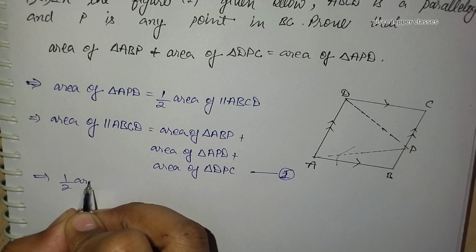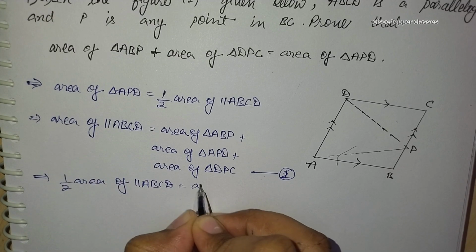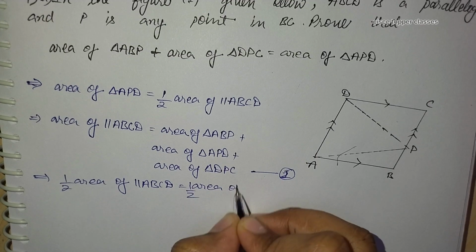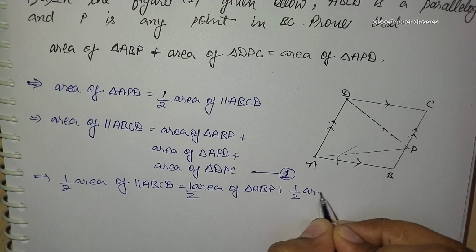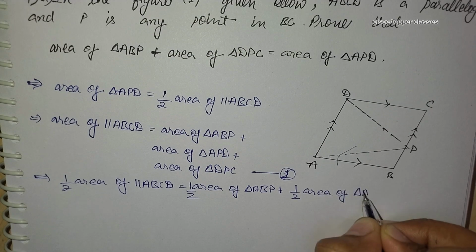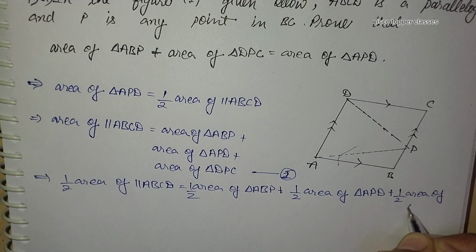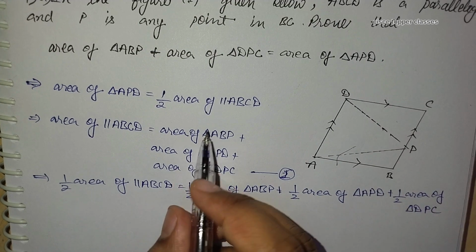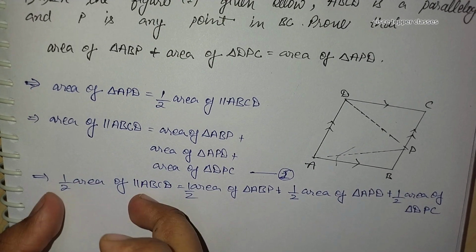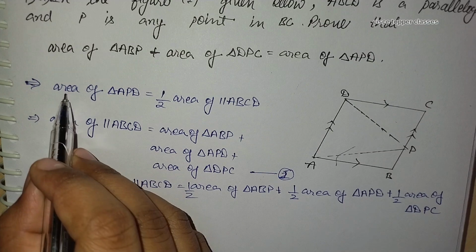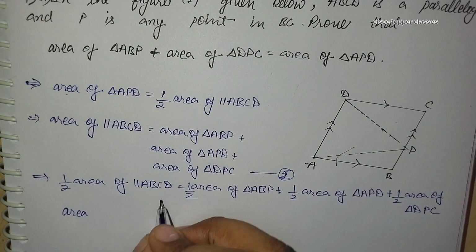So it will be half of area of parallelogram ABCD is equal to half of area of triangle ABP plus half of area of triangle APD plus half of area of triangle DPC. Here half of area of parallelogram ABCD is equal to area of triangle APD, so we can simply put the value in this equation.